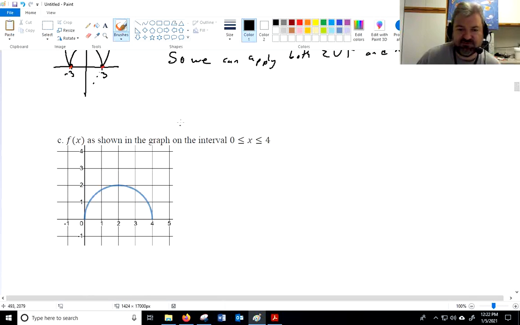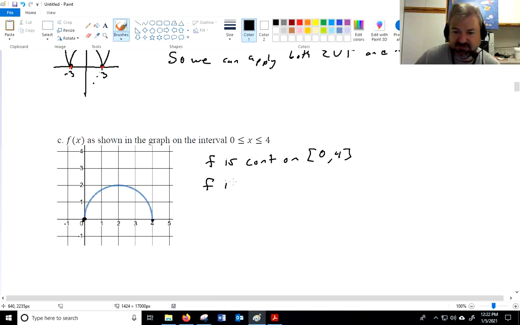The interval from 0 to 4. Well, clearly we are not differentiable at these endpoints, right? But we can apply both theorems because f is continuous on the closed interval from 0 to 4, which is required for the extreme value theorem.